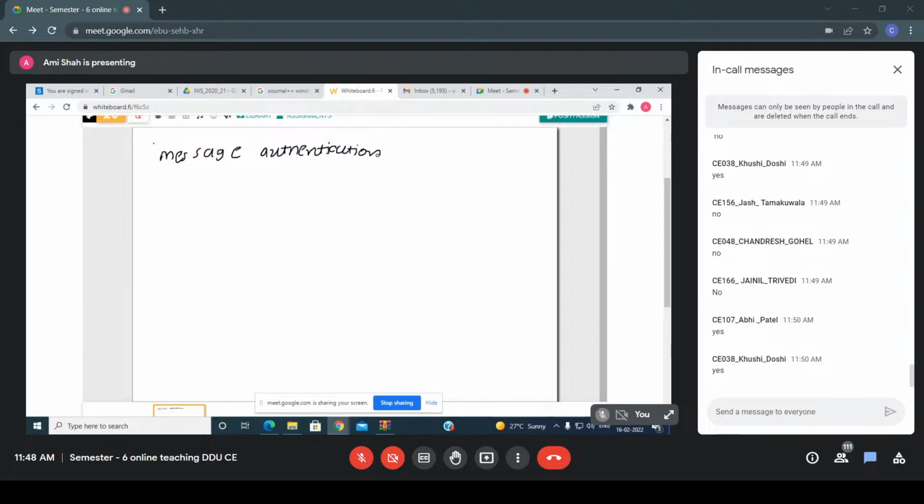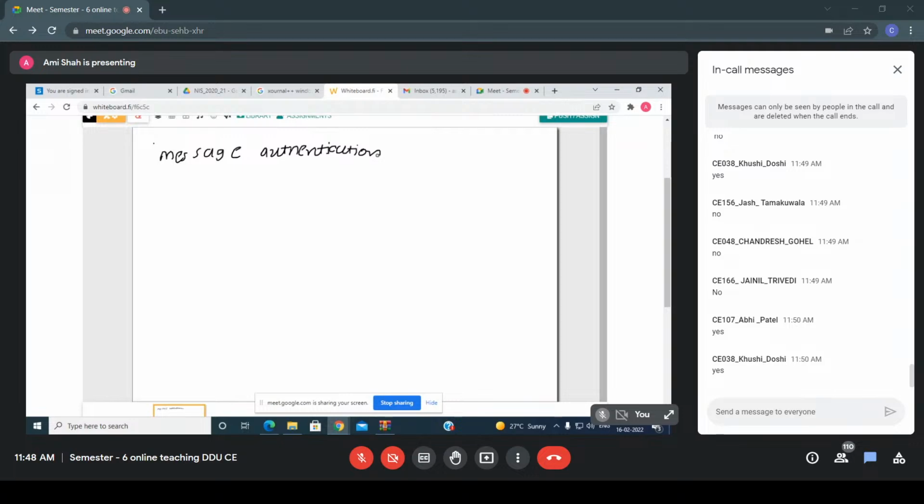Bob has to ensure it is not coming from Oscar or some other party, the third party, attacker, or cryptanalyst. That is known as message authentication.